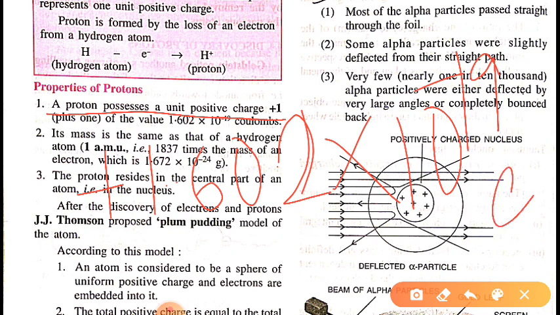As we have seen, the charge of an electron is -1.602 × 10^-19 coulomb. In the same way, the charge of the proton is +1.602 × 10^-19 coulomb.